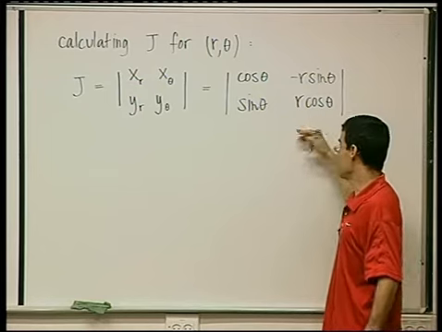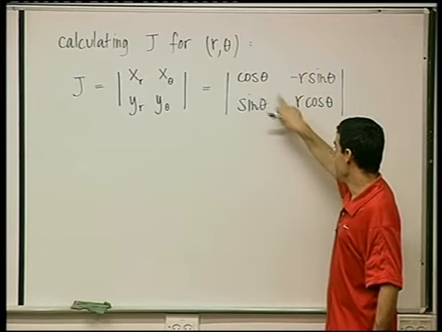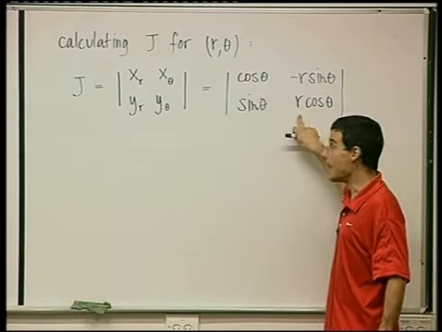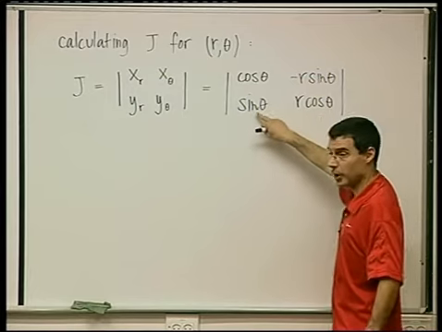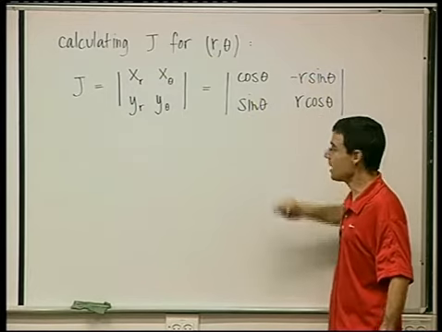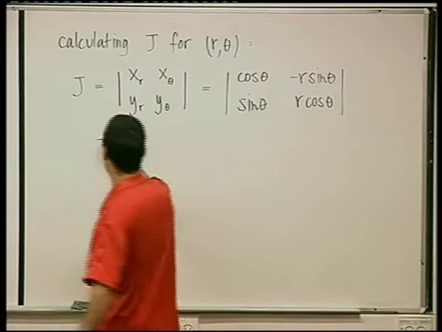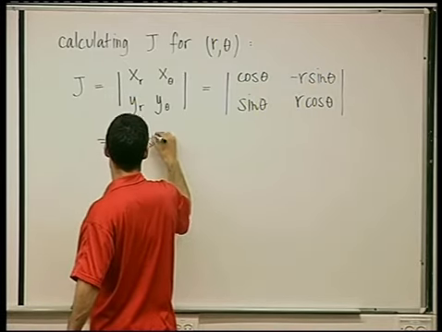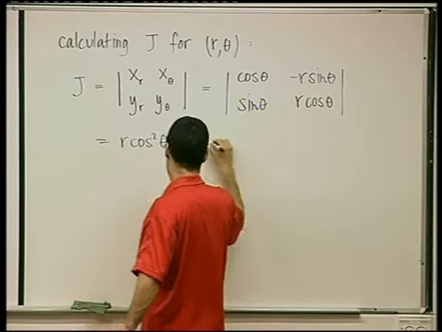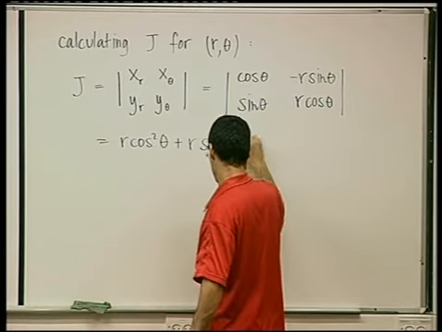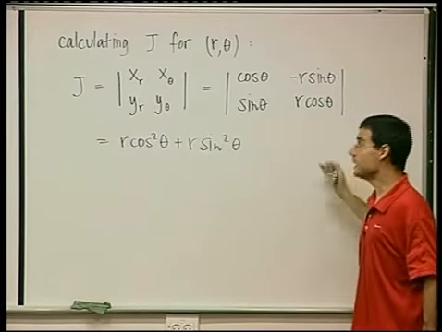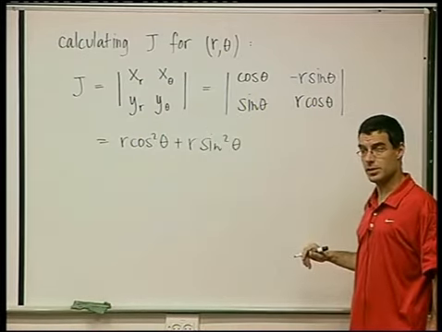How do we calculate this determinant? Well, that's rather straightforward. It's r times cosine squared minus r, so plus r, times sine squared. So it's r cosine squared plus r sine squared. And cosine squared plus sine squared is 1.